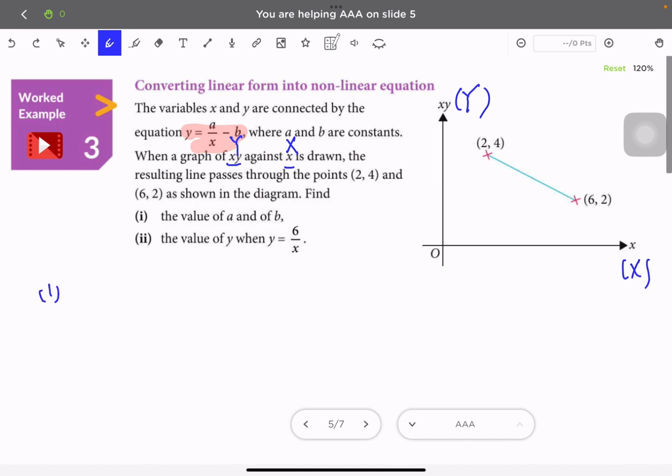A straight line graph is y equals mx plus c. Given the 2 points there, we can find the gradient of this line using the formula y2 minus y1 over x2 minus x1.